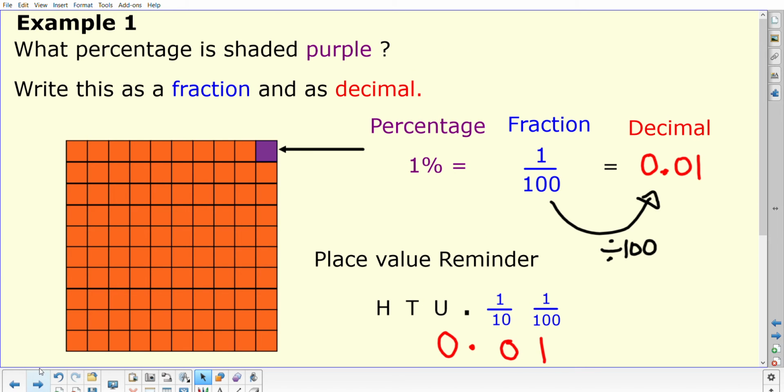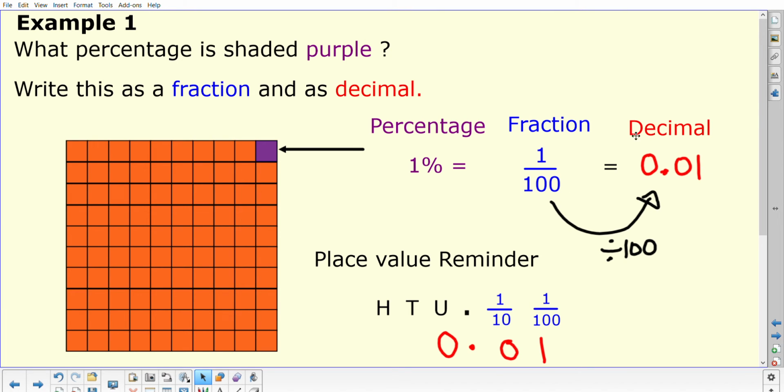So what if we only had one little bit of the 100 squares shaded, shaded in purple? Well, that would mean we would have 1% of the square shaded, because it's one piece out of 100. As a percentage it's 1%, as a fraction it's 1 out of 100.